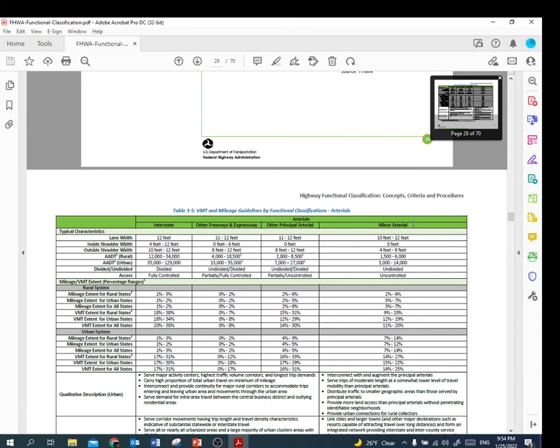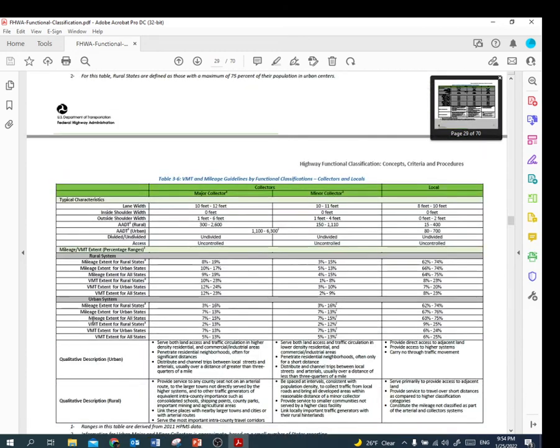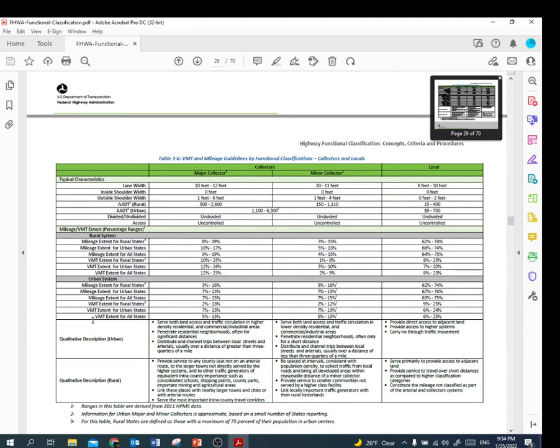And then the minor arterial gives you all kinds of information in terms of the lane width, the AADT or the traffic, divided or undivided, how the access is controlled in this case, the average VMTs, and the mileage on each one of them.